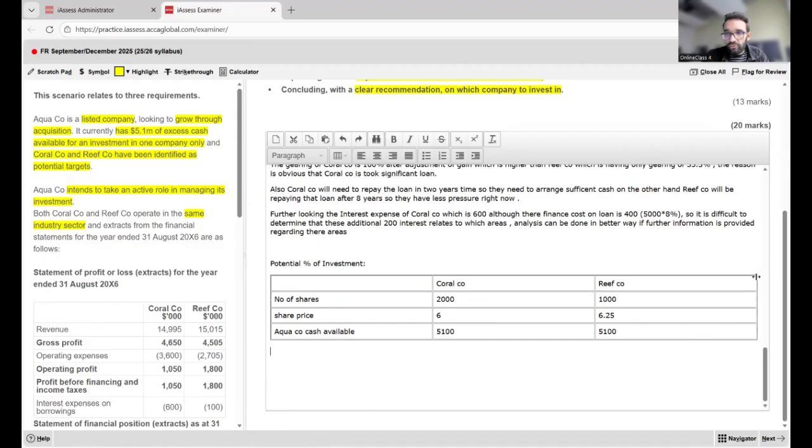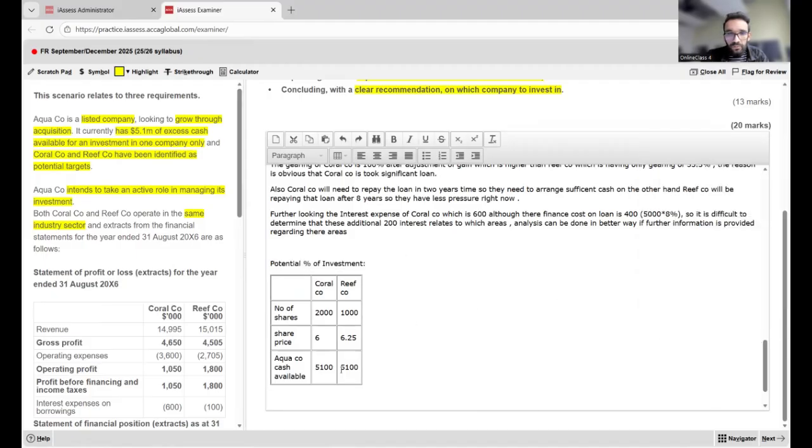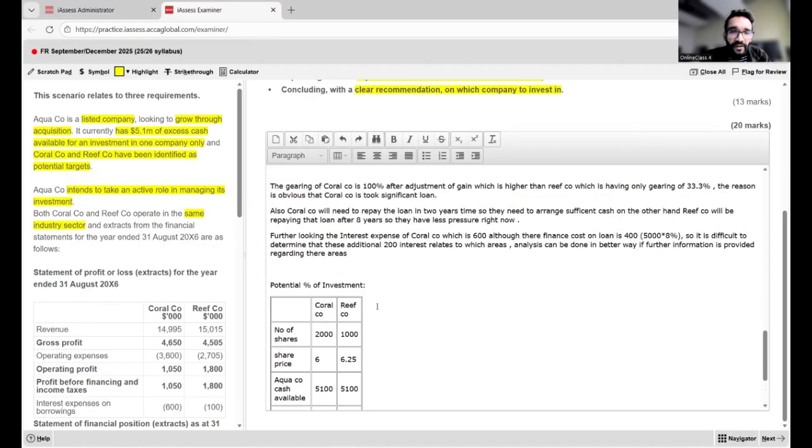Okay, see, even if it's up to you, it's not mandatory to make a column and all that.